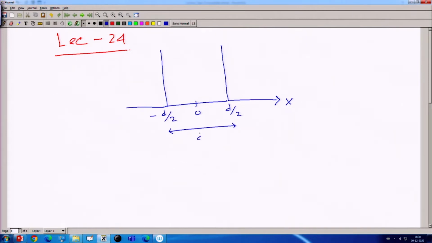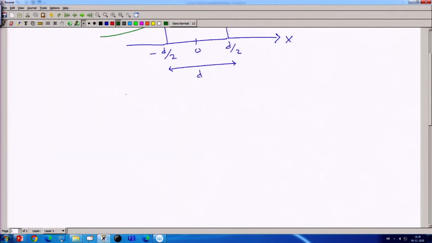This is d, this is the core part of the waveguide, and we had a solution which is sinusoidal in this region and then exponentially decays on this side.